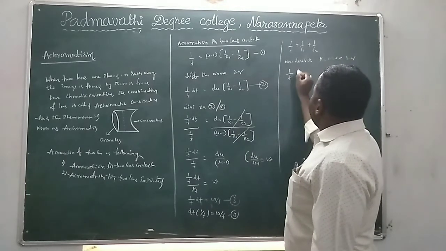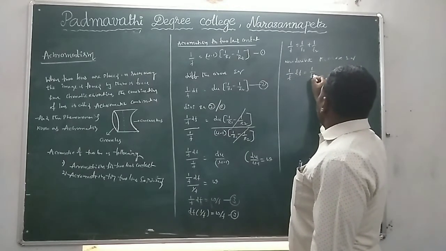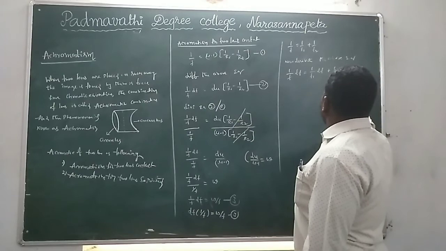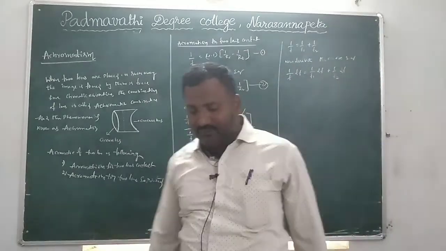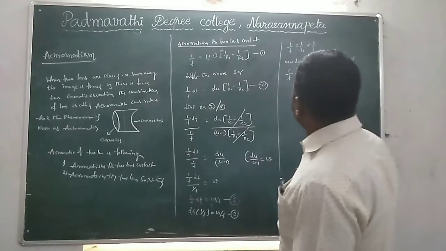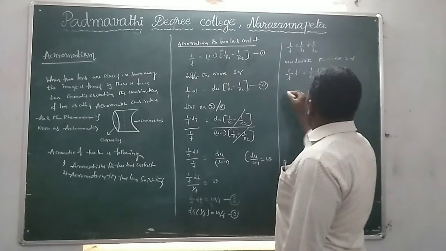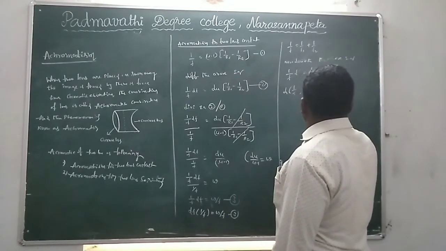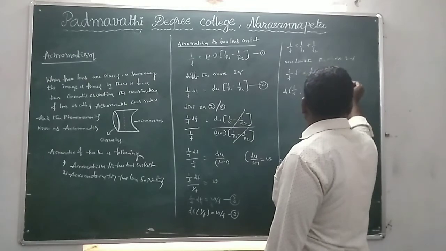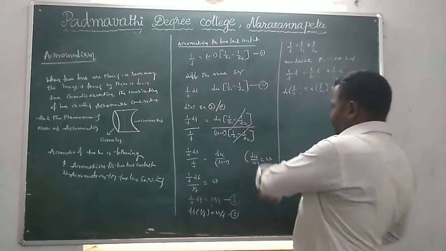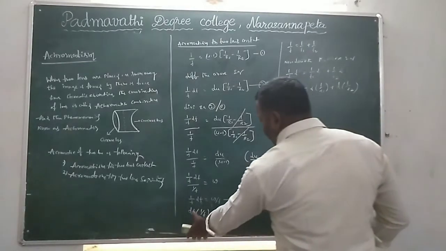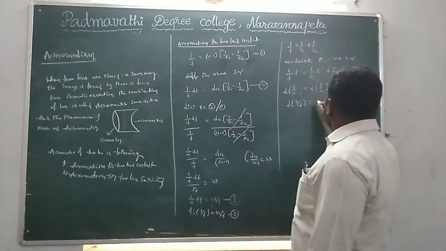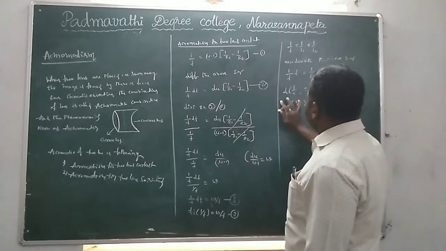Equation: 1/f df = 1/f1 df1 + 1/f2 df2, or d into 1/f = d into 1/f1 + d into 1/f2. According to equation 3, d into 1/f = omega by f.